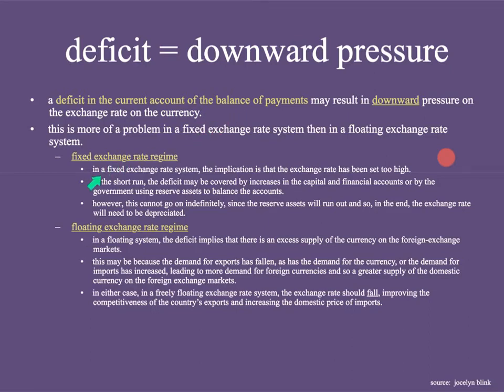So if there's a deficit in the current account for a fixed exchange rate, in the short run, it could be covered by a positive outcome in the financial account, in other words a surplus, or by the government using reserve assets to balance the accounts. However, this cannot go on indefinitely since the reserve assets will run out.